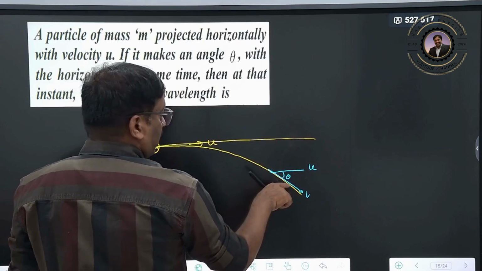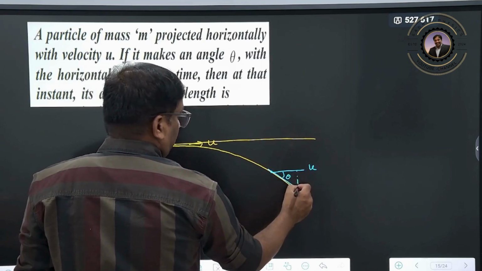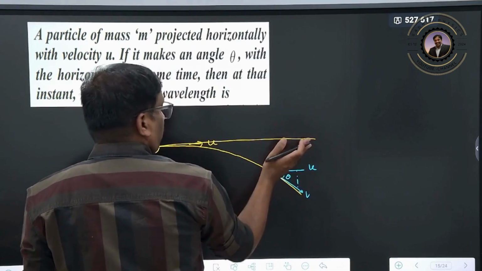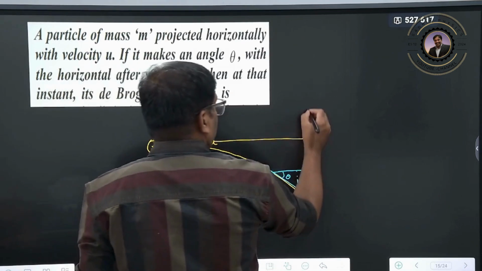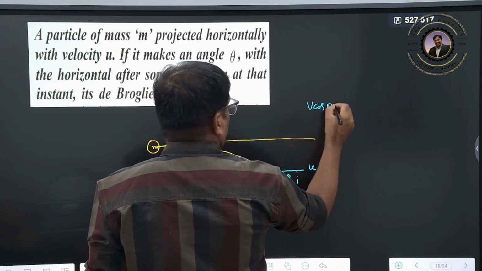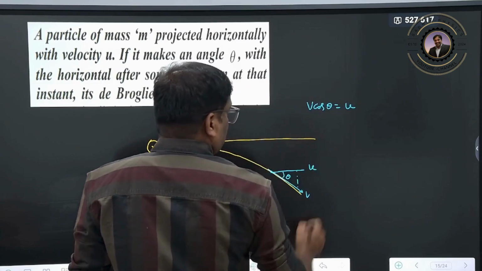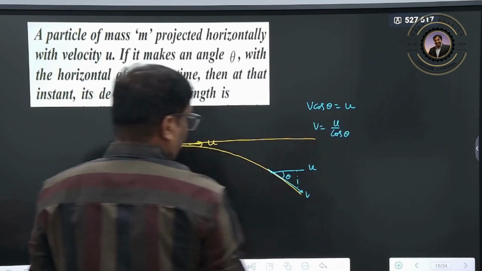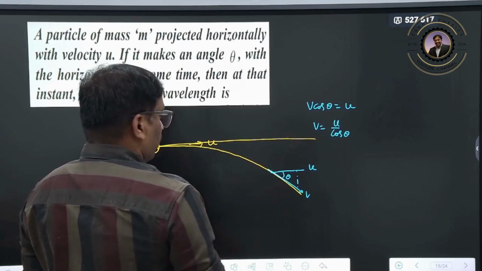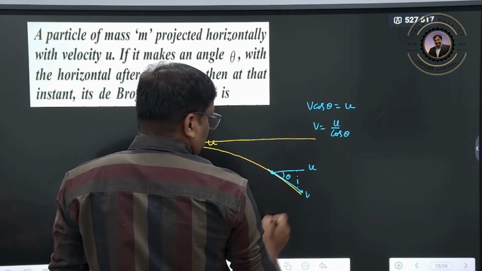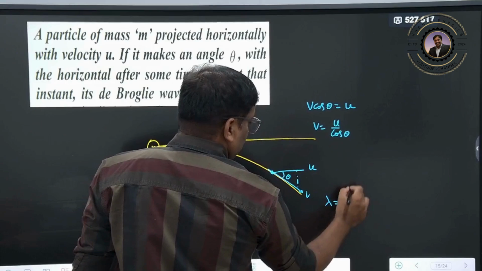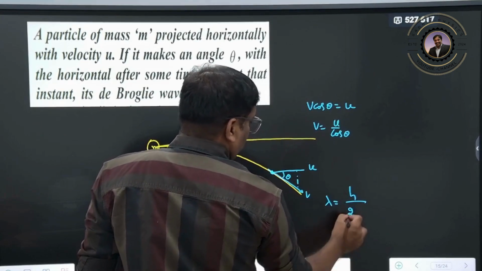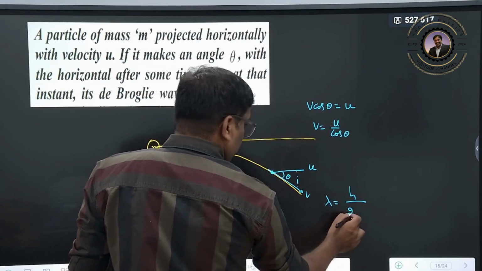So the horizontal component can be written as v cos theta, which is equal to u. So the velocity at this point is u by cos theta. Understand? Therefore, the de Broglie wavelength associated with this particle at this point is h by mv.